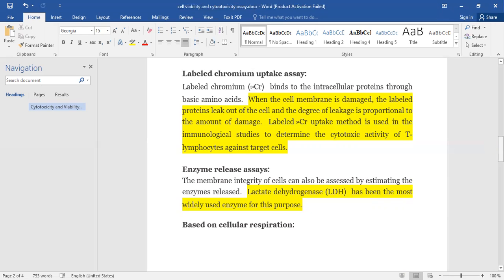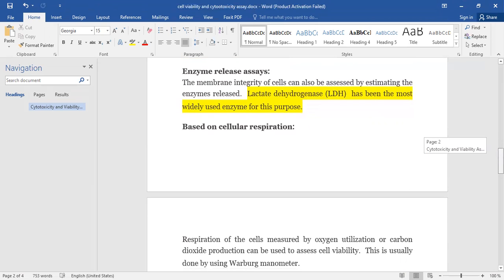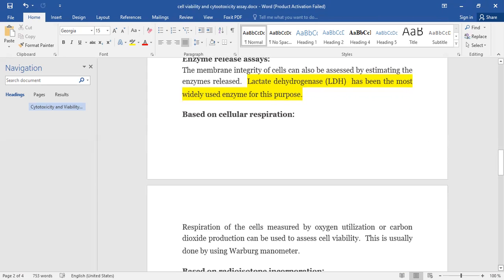The next procedure is the enzyme release assay. It is used for the analysis of the release of enzymes from the cell membrane, and the example is lactate dehydrogenase. The next is cellular respiration.